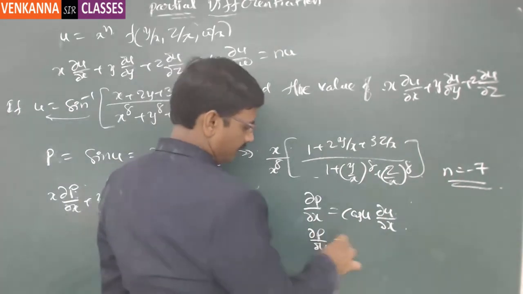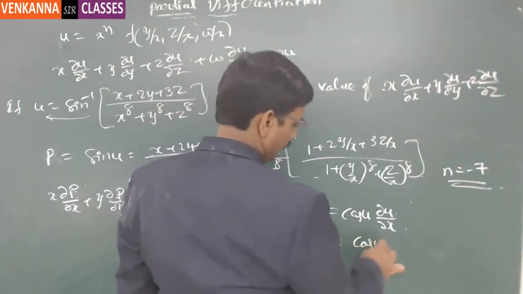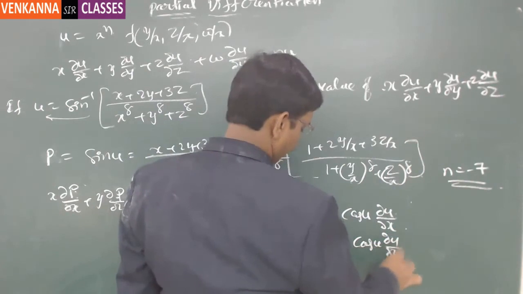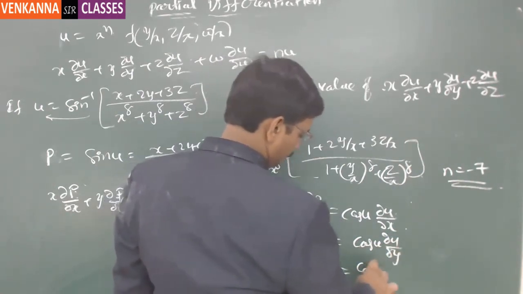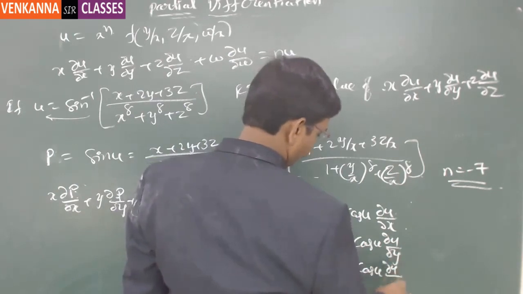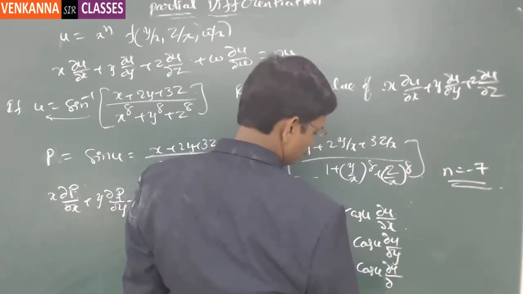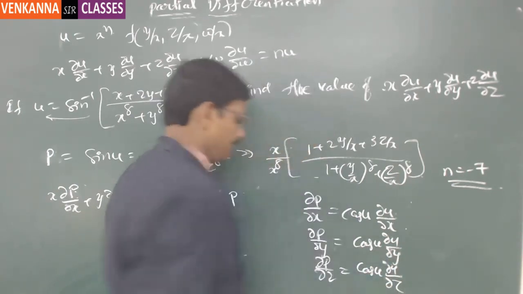Dou p by dou y, derivative of sine is cos u dou u by dou y, dou p by dou z is equal to cos u dou u by dou z.